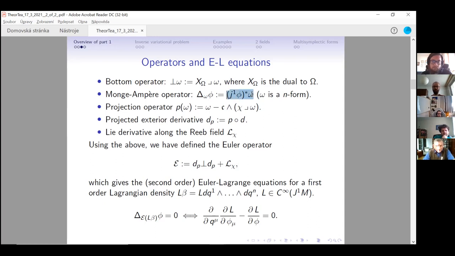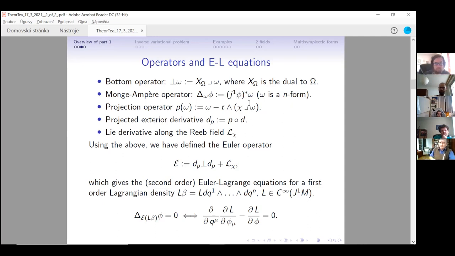So this operator, if we put it equal to 0, defines an equation, and such an equation will be called a Monge-Ampere equation. If this is put equal to 0, we have an equation for phi. And that's the main idea of describing certain partial differential equations with differential forms on J1M.